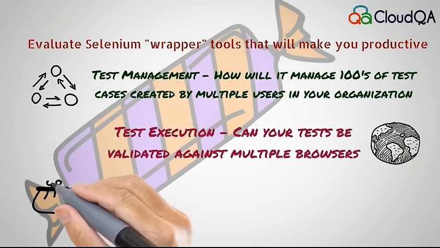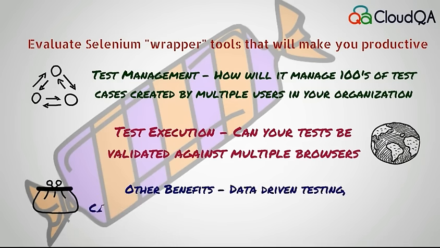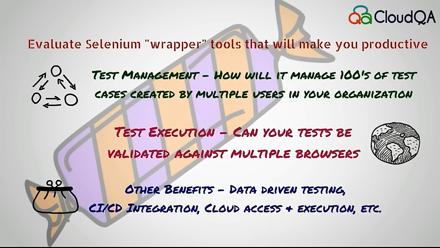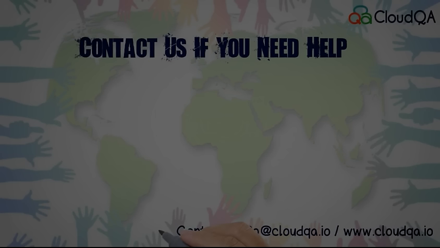Check out other features also which might help you in the long run. This includes data-driven testing capabilities, easy CI/CD integration, cloud-based access and test execution, and also advanced scheduling of your regression tests.